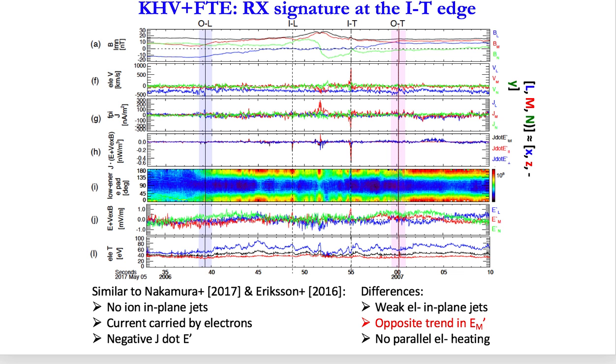At the inner trailing edge, you see this strong out-of-plane electron jet along the northward direction, or plus the M direction, and the E_M prime here shows the opposite behavior to our expectation. So these electron jets were not locally accelerated by this E field.